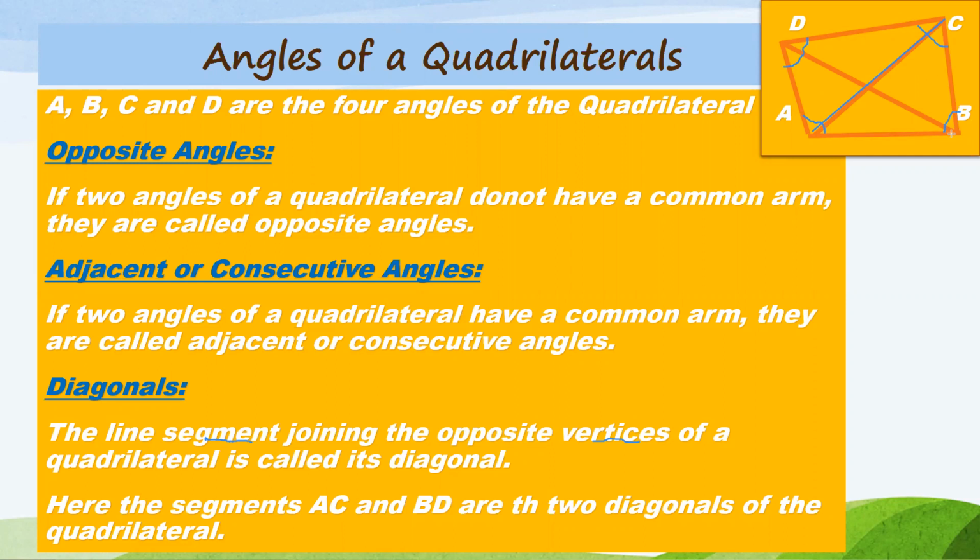In the same way, the line segment that joins the two opposite vertices B and D is called the diagonal of the quadrilateral. Okay, so BD and AC are the diagonals of quadrilateral.